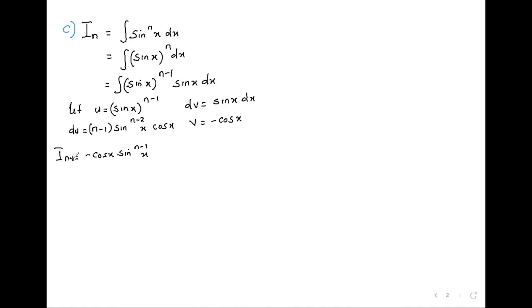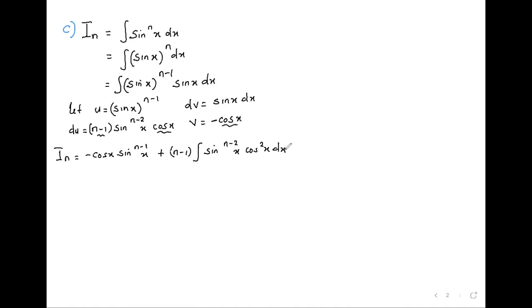Okay, let's not rename it so that we keep the same that we've been doing on others. So keep it like that, then minus. So I'll put plus because of this minus that is here. So plus, and then I'll leave the n minus 1 outside. This n minus 1 and the du. And then inside, I'll have sine n minus 2 x. Then this is cos x and this is cos x. So I'll have cos squared x.